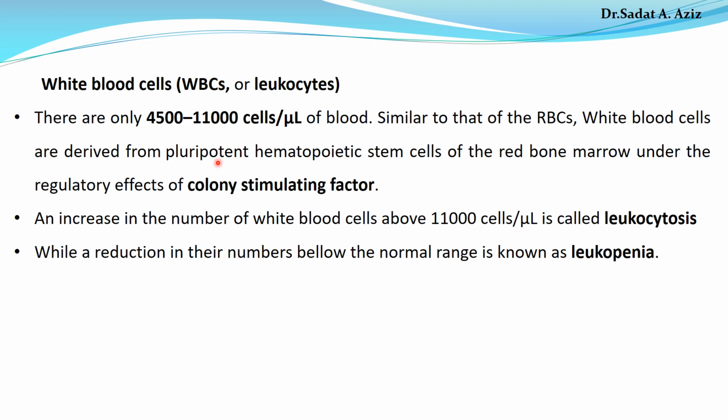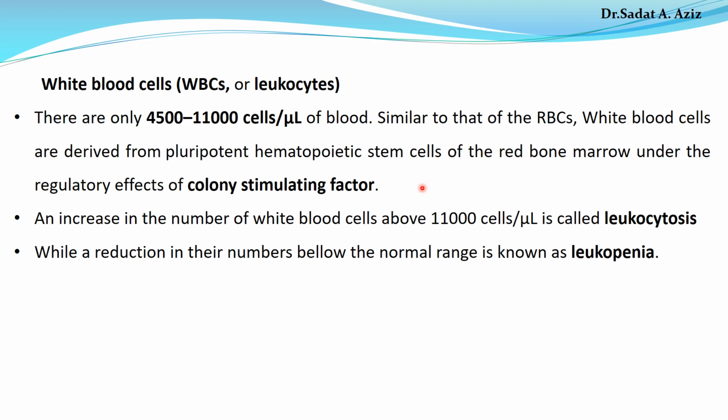An increase in the number of white blood cells above 11,000 cells per microliter is called leukocytosis. So leukocytosis is an increase in the number of circulated white blood cells. Then we have another clinical condition which is called leukopenia. Leukopenia means reduction.